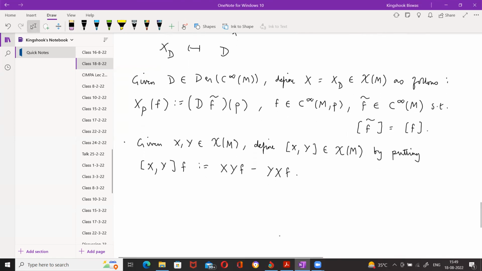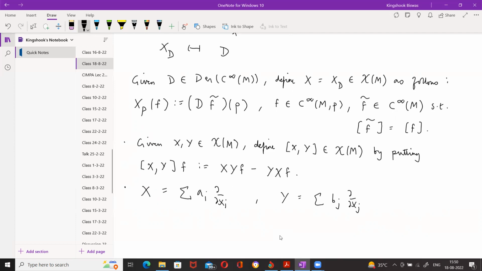So this might all seem a bit abstract. If you want to see concretely what is happening, in local coordinates X is the sum of a_i del/del x_i, and Y is the sum of b_j del/del x_j.